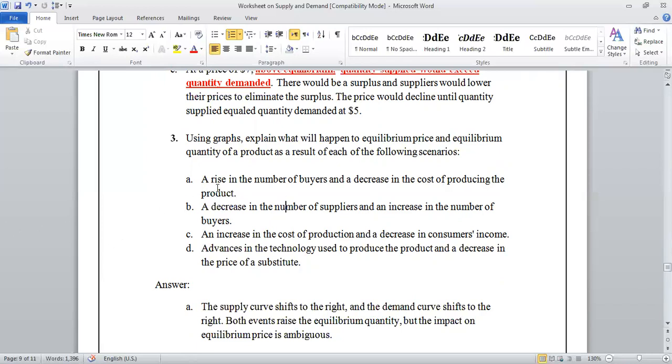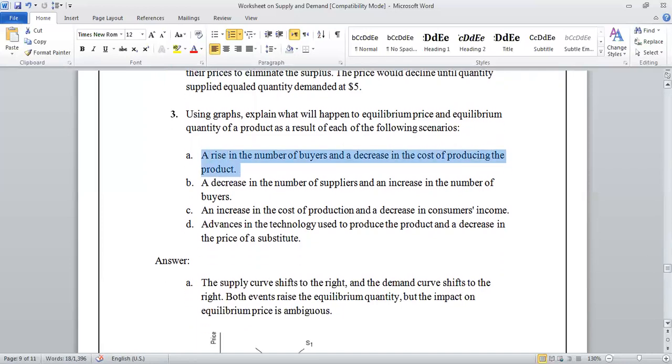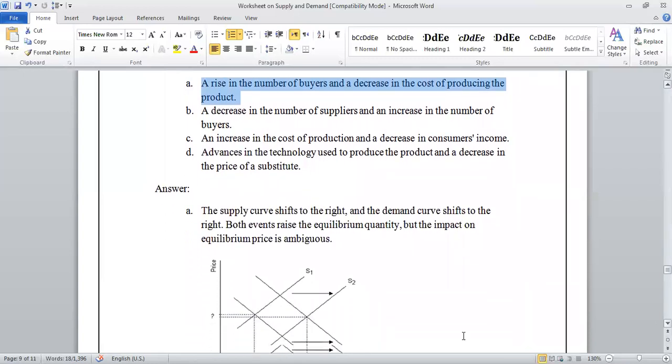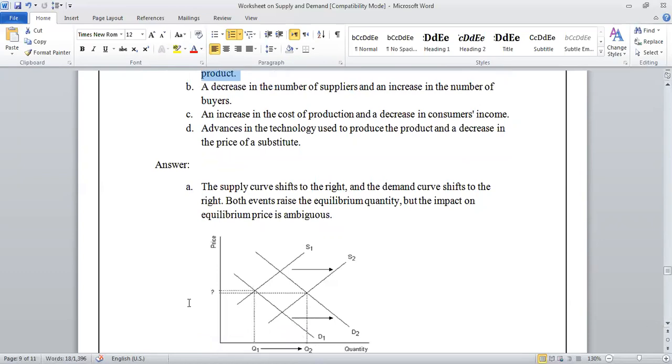So A, it says what? You have a rise in the number of buyers and at the same time a decrease in the cost of producing the product. So here I have two things, but even before I look at the two things, what will I do? I will graph the original supply and the original demand, D1 and S1.